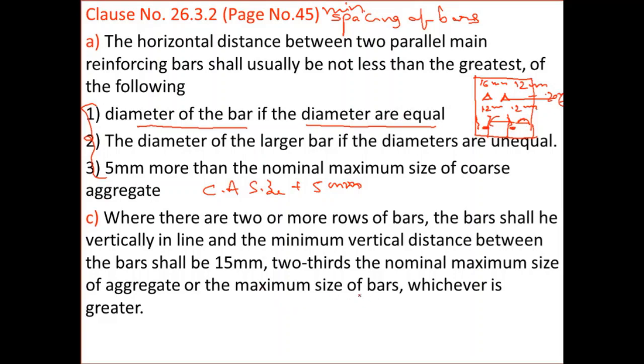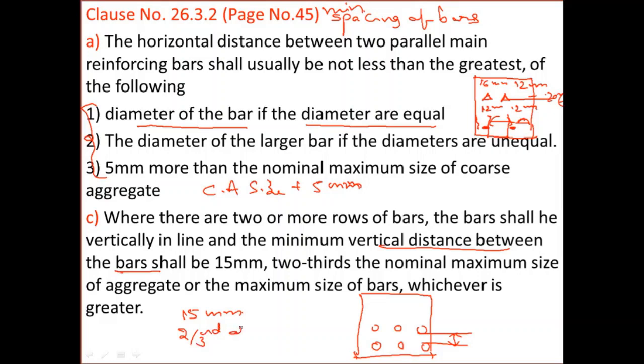Now sometimes, if you take a beam, we provide the reinforcement in layers like this. Whenever you place the reinforcement in layers, then the clear vertical distance between the bars shall be 15 mm, or 2/3 of the nominal maximum size of aggregate, or the maximum size of the bar.